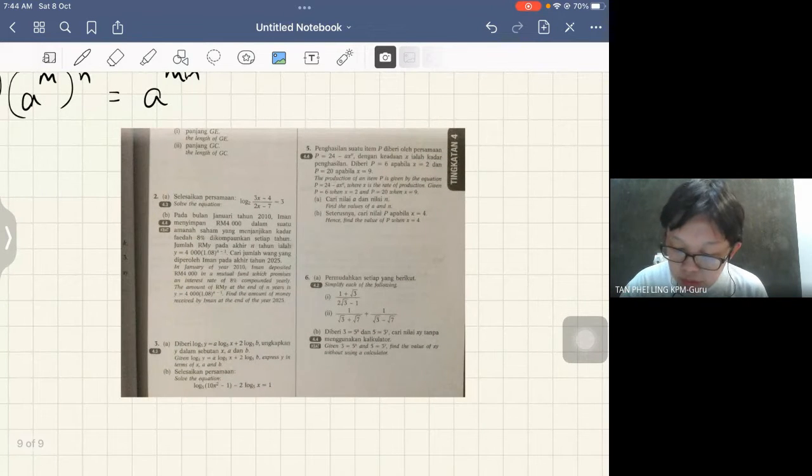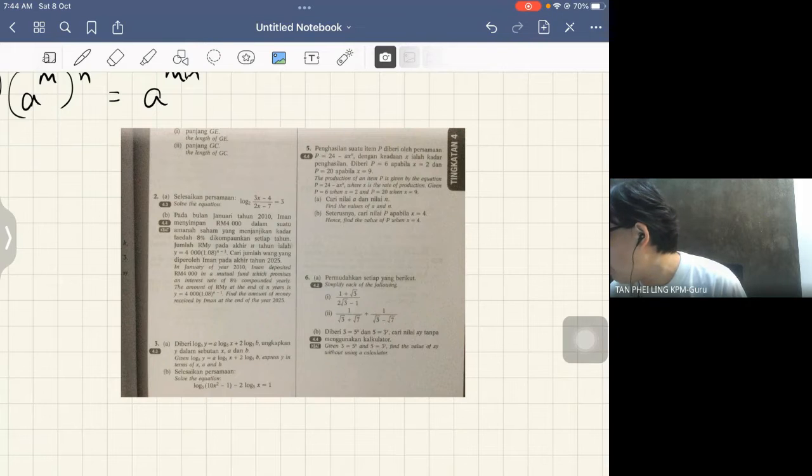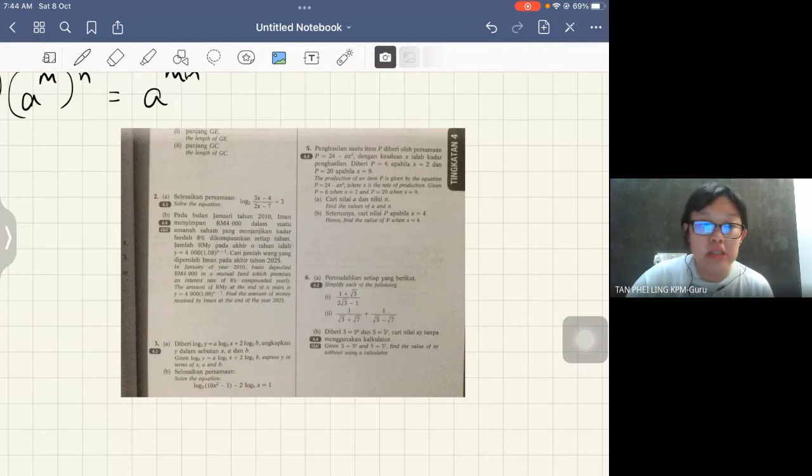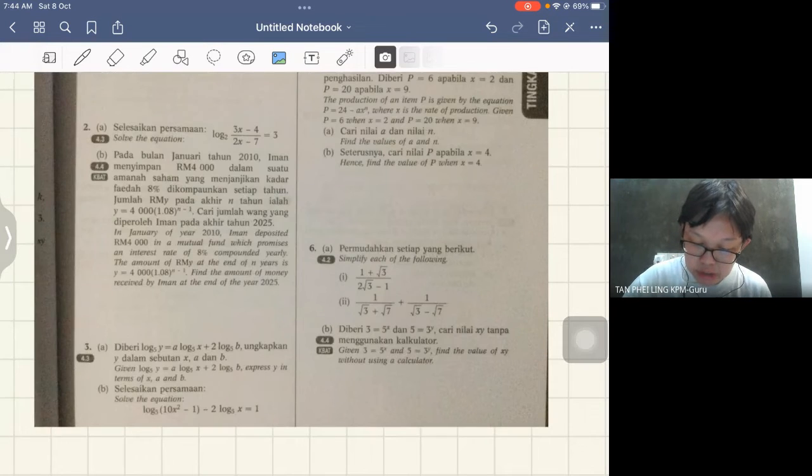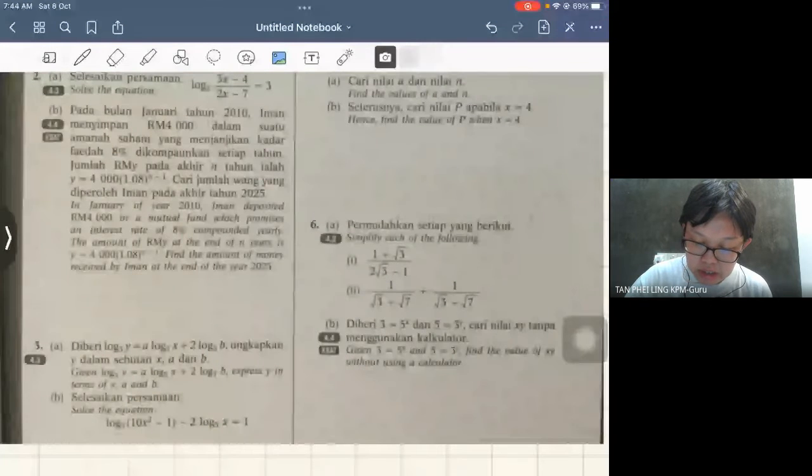All right. That day we solved until question number 3b in class, right? And then for 3b, we were thinking about the numbers that can match, which is here.